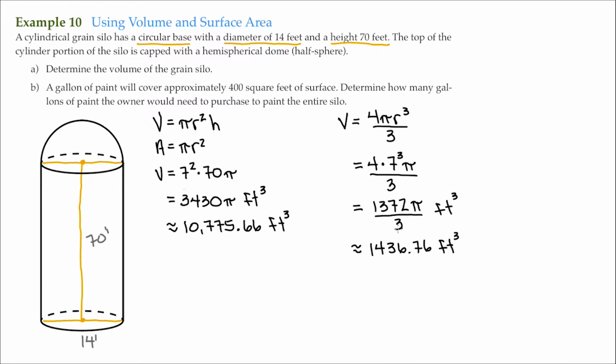However, this is the volume of an entire sphere. We only want a half sphere. So if I only want a half sphere, I'm going to cut this in half. I'm just going to divide it by 2. So it's approximately 718.38 cubic feet.